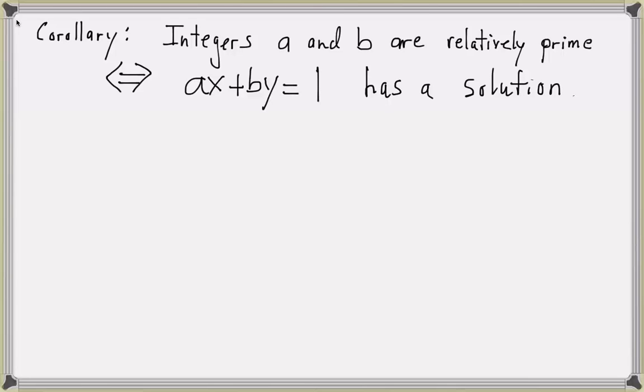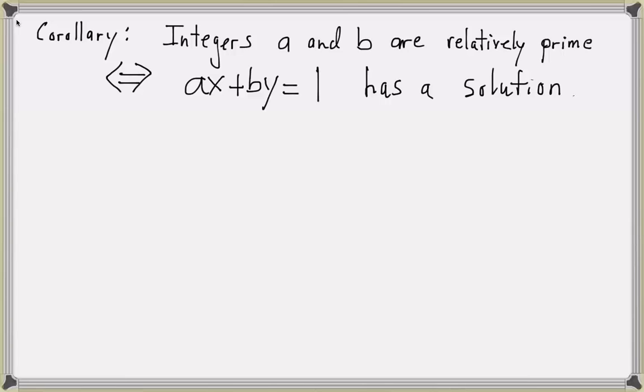Why is this statement true? Well, by definition, if A and B are relatively prime, then the greatest common divisor of A and B equals 1. And we've shown that the linear Diophantine equation AX plus BY equals 1 would have a solution, because 1 is the greatest common divisor of A and B.